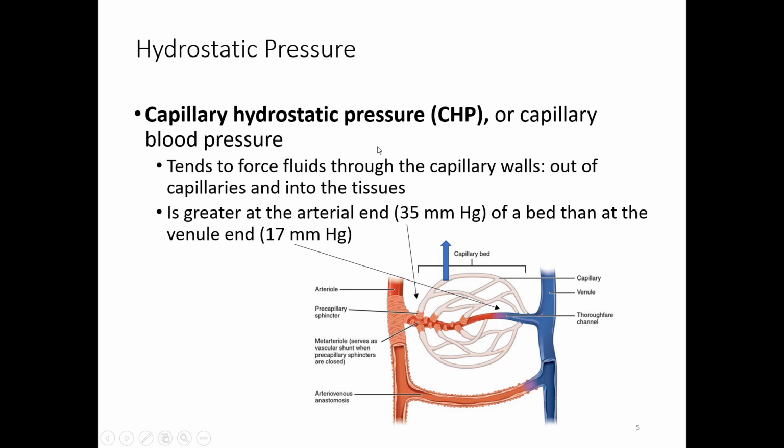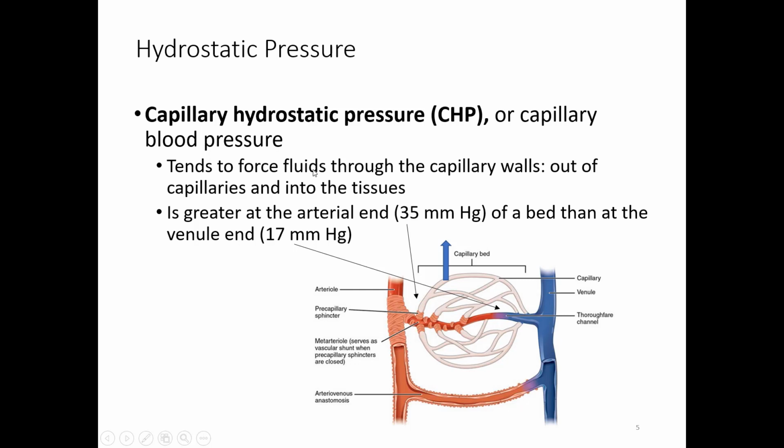Hydrostatic pressure. Remember blood pressure that is created by blood pumping from the heart through the aorta. Blood pressure in the aorta would normally be 120 millimeters of mercury. It will be lower in the mid-sized arteries, and when it comes to the arterial end of the capillaries, right here it would be 35 millimeters of mercury.